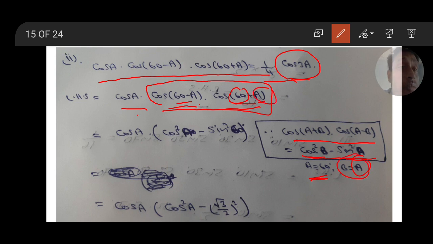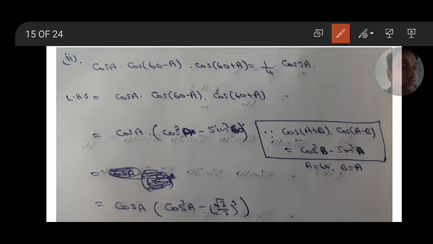Substitute: cos a as it is, cos square b means cos square a, minus sin square 60, and sin 60 value is root 3 by 2, that is root 3 by 2 whole square.